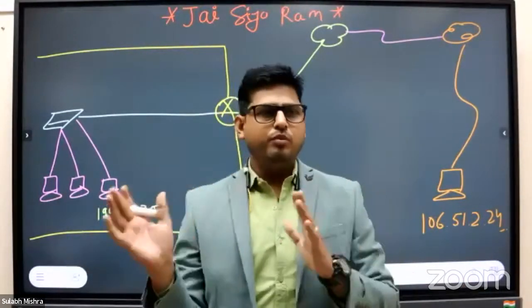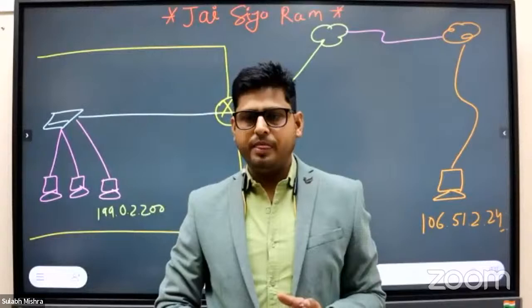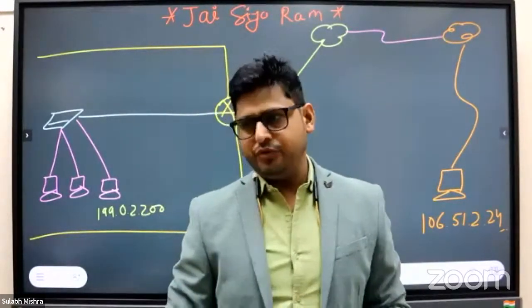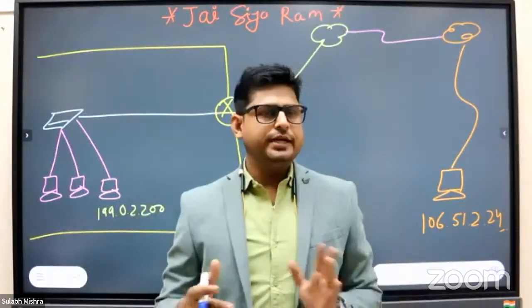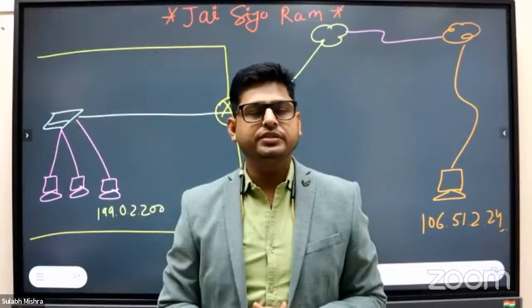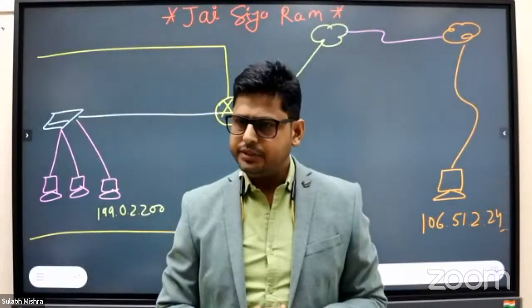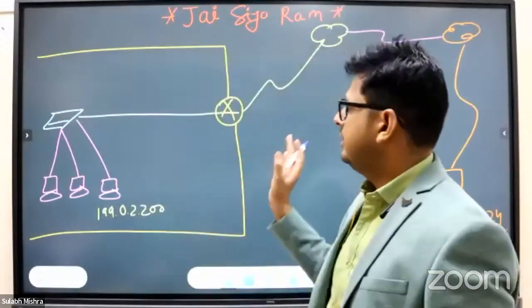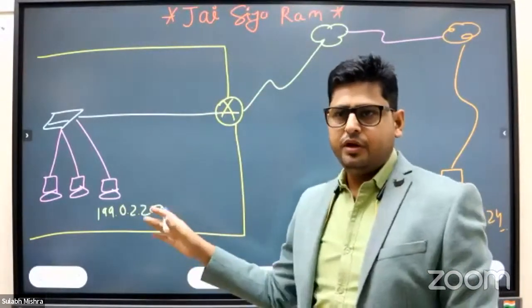Both ends of the communication are checked. That is called establishment of connection, the three-way handshake. Keep in mind, when the connection is established, then the actual data transfer, that means actual communication, will start.